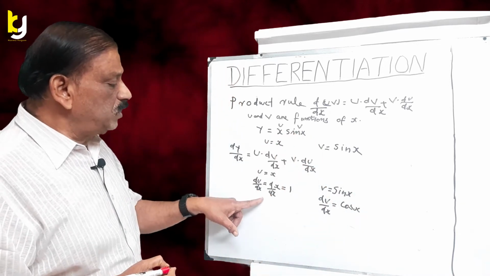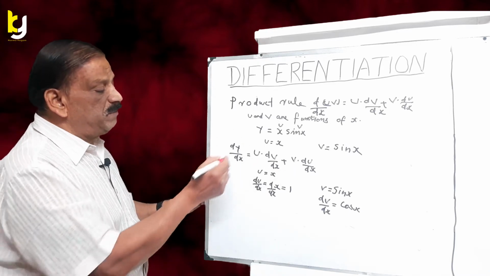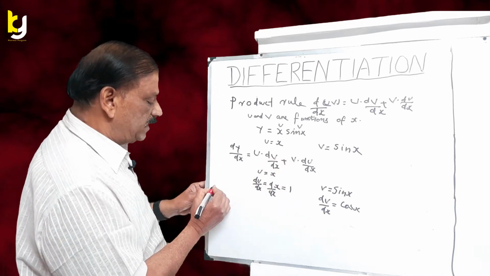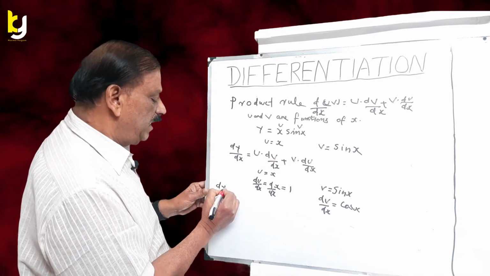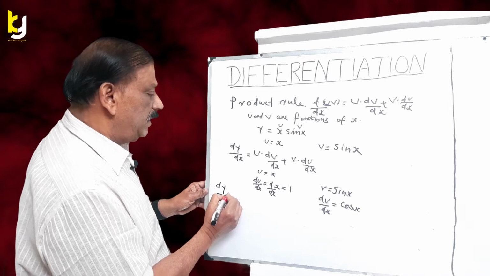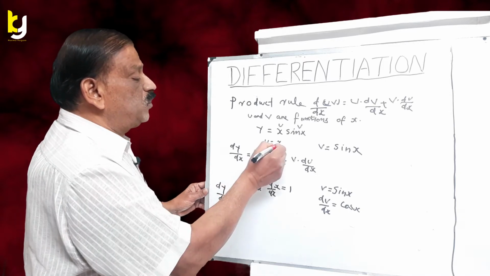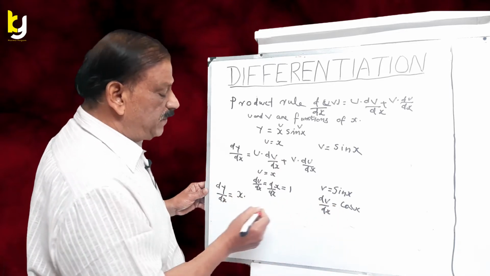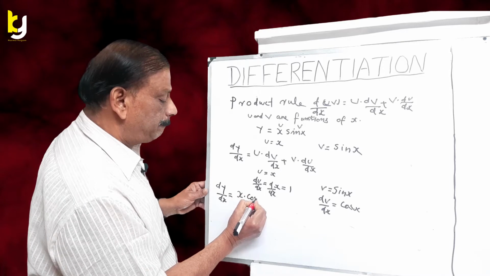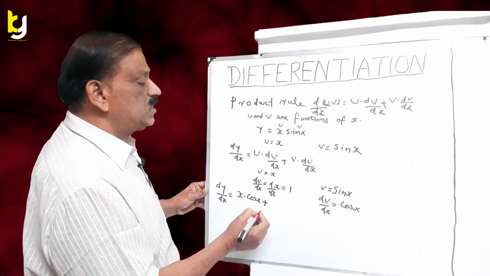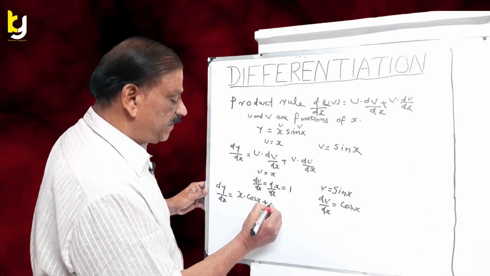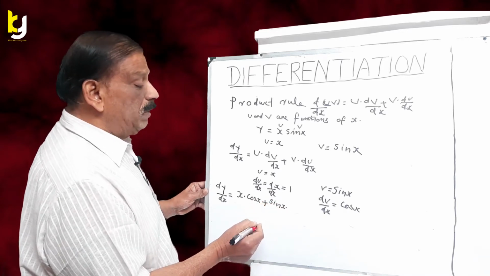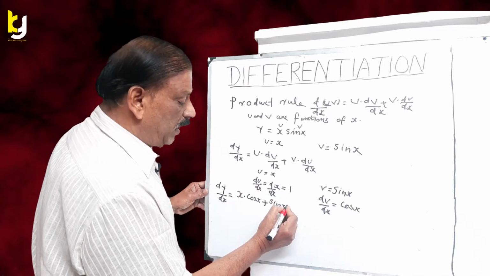Then substitute these values in this equation. That is dy by dx equal to u into dv by dx plus v into du by dx. u is x, x into dv by dx, dv by dx is cos x, plus v into du by dx, v is sin x, du by dx is 1.